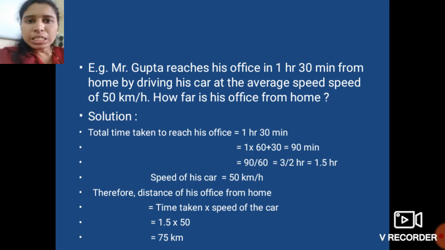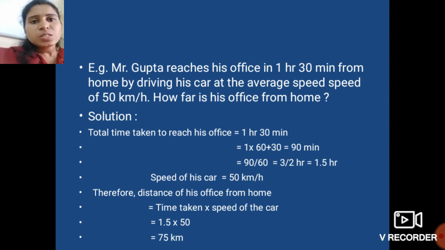Next example is not as difficult or complicated. So see students, just go through this example, what is given over here. Mr. Gupta reaches his office in 1 hour 30 minutes from home, by driving his car.